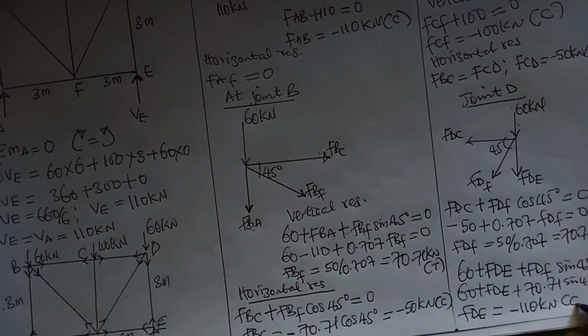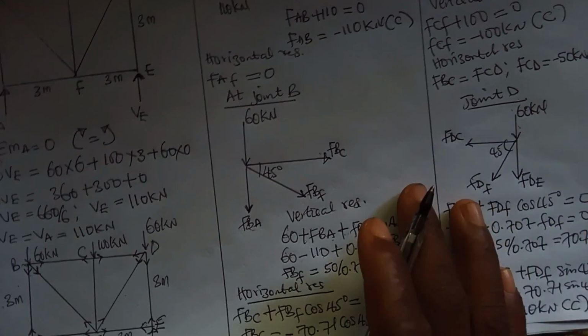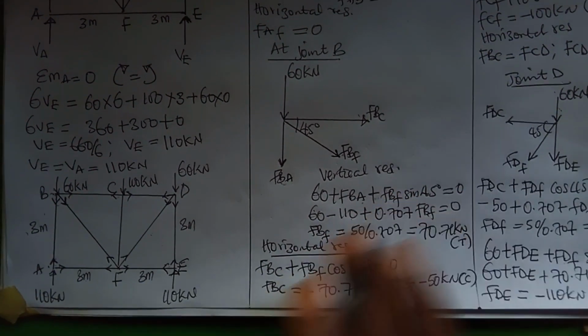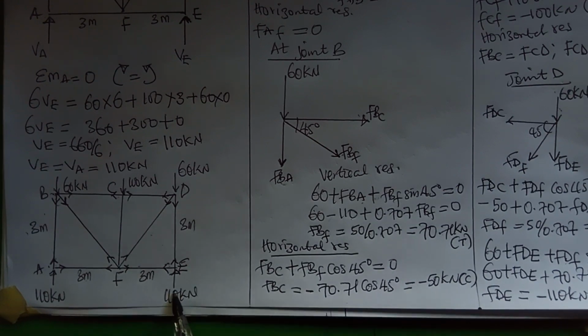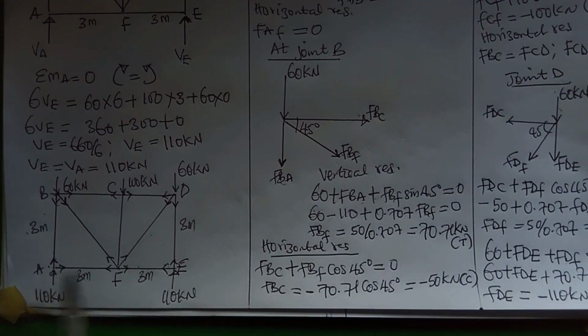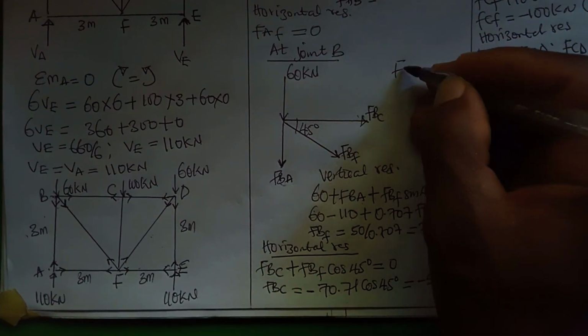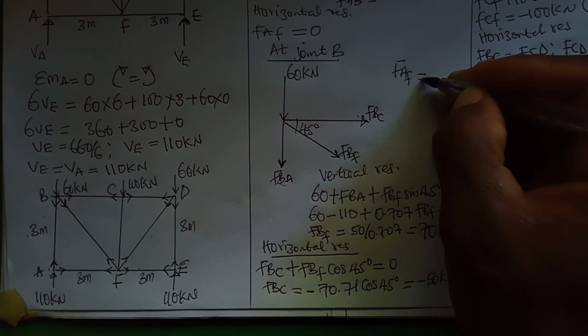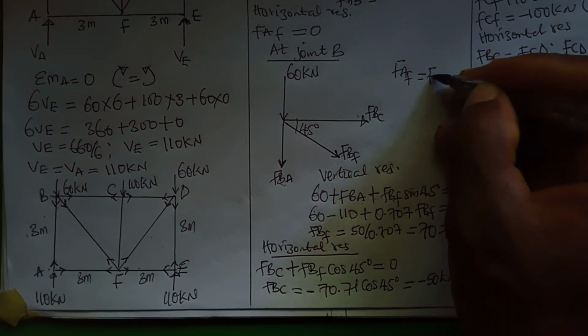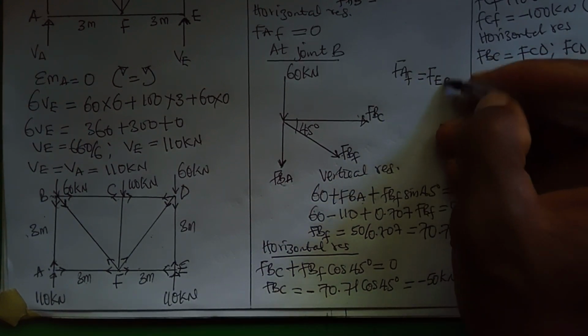So this is compression. Now, looking at this particular truss, remember this truss is symmetrically loaded. So whatever we have as FAF should be equal to what FEF will give us.